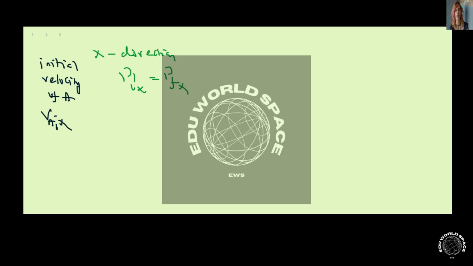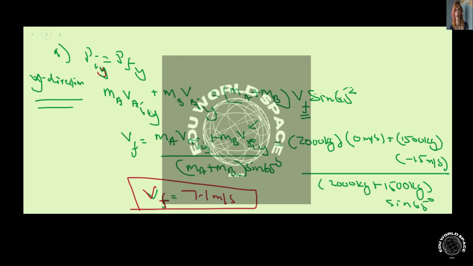Initial momentum in the x direction is mass of A times initial velocity of A in the x direction, plus mass of B times initial velocity of B in the x direction. When they stick together, we have mass of A plus mass of B, but now we're dealing with the x direction. On this side, we had velocity y.